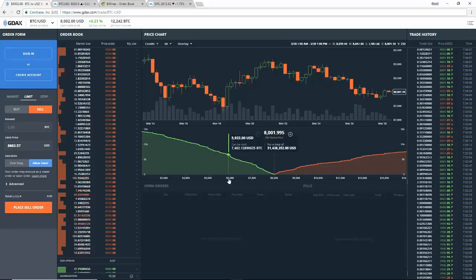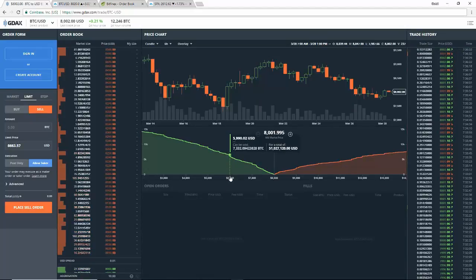Look at this $6,000 area. We can see that as we get closer to it, at $6,001.18, there's a total of 6,777 Bitcoin at this particular moment between current price and this price point. Once we surpass 6,000, it's almost as if it jumps.